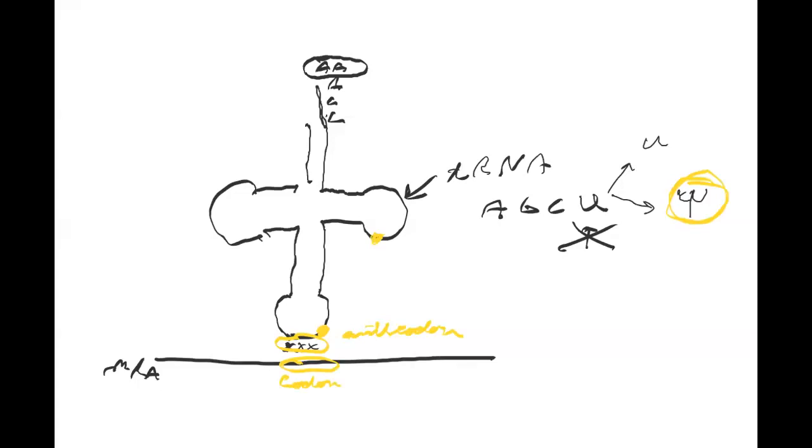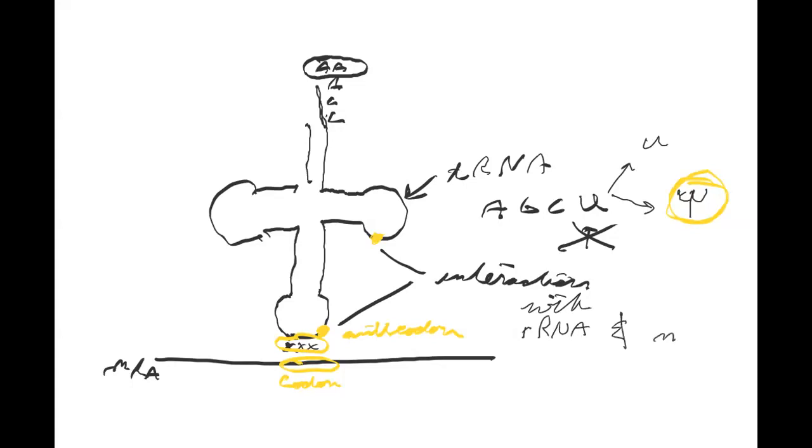Okay, so because these structures are here, this is leading to a better interaction with the rRNA, which is the ribosomal RNA, and the messenger RNA.